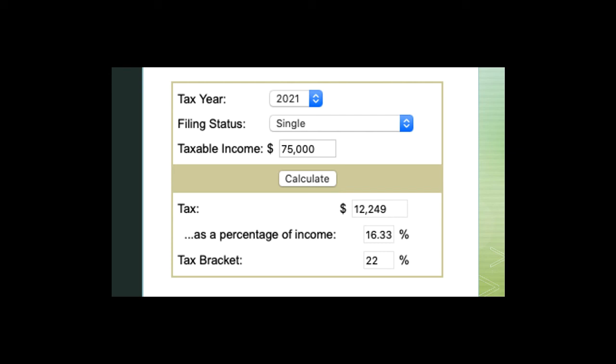Now, $12,249 of taxes owed on $75,000 of taxable income is an effective tax rate of 16.33%, right? In other words, $12,250 is a little over 16% of your taxable income, even though the last few dollars of your income were taxed at a marginal tax bracket of 22%.